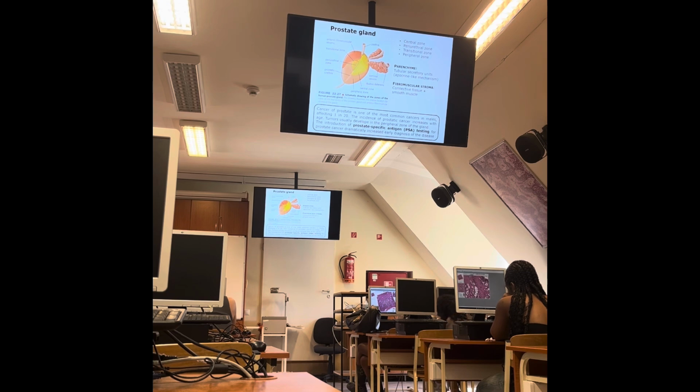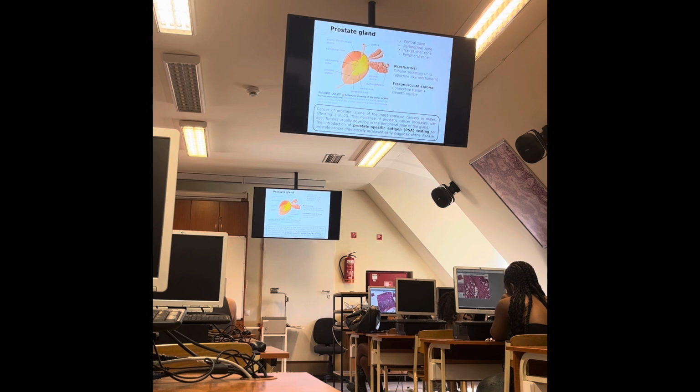It's the prostate-specific antigen. That can be measured from blood, so it's relatively easy to collect the sample and measure it. If the levels are increased, then further experiments are necessary to identify if there is really a cancerous situation in the prostate.